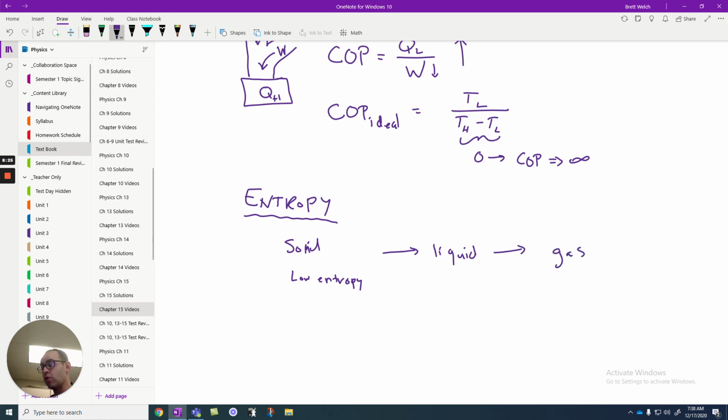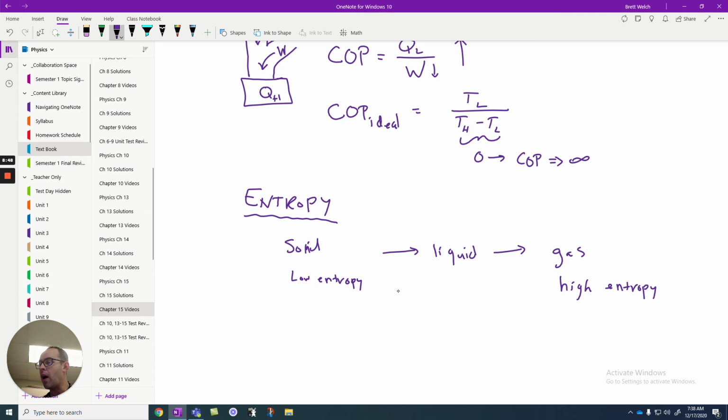They're flowing around doing whatever business they can, going whichever way they can. That would be an example where the entropy is much higher. So it's a way to measure the chaotic nature of the material. And if you see something in nature going from a solid state to a gas, like dry ice, we know that it's having an increase in entropy.